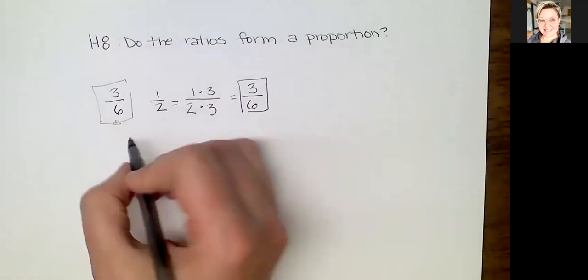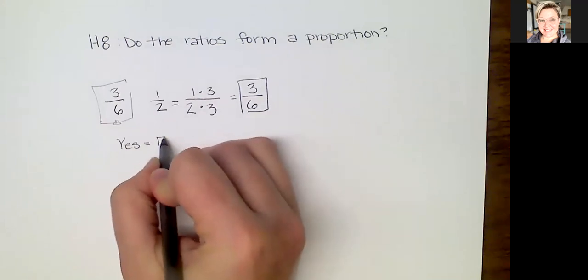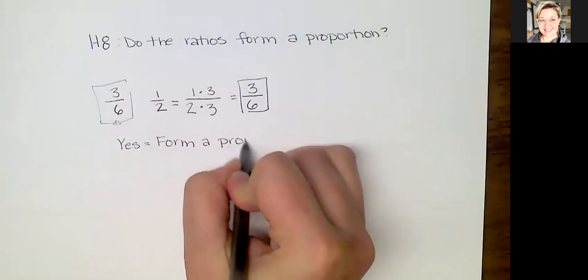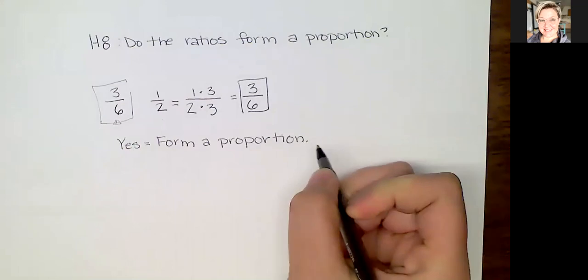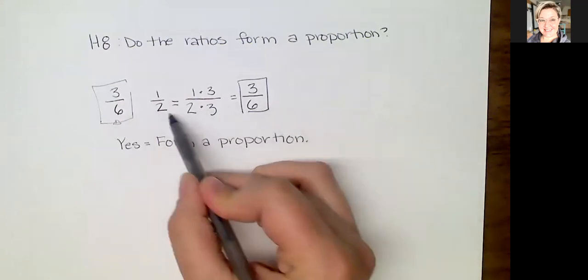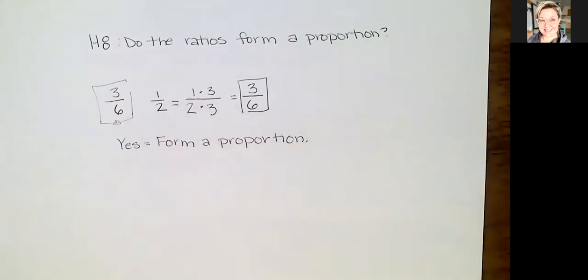So that means, yes, they form a proportion, because these two ratios are equivalent and they have the same value. So when we do these problems, we're going to see if the two ratios are equivalent. We can do that by finding the common denominator.